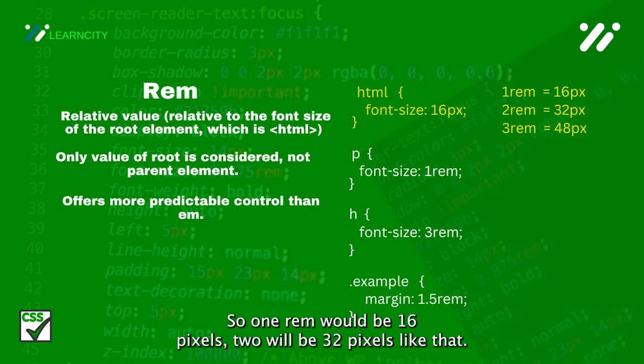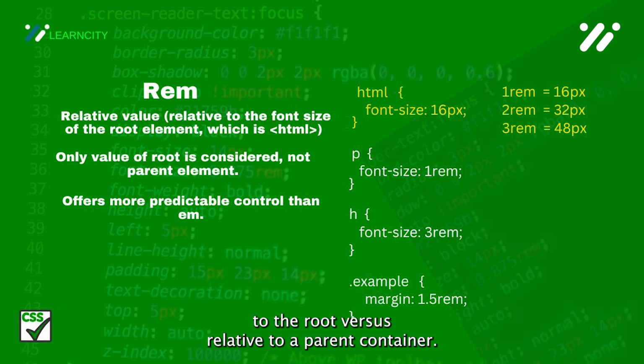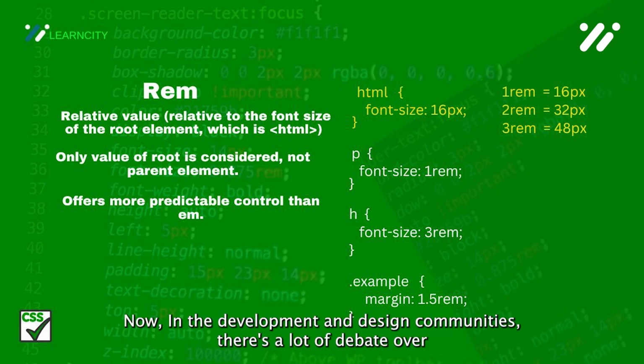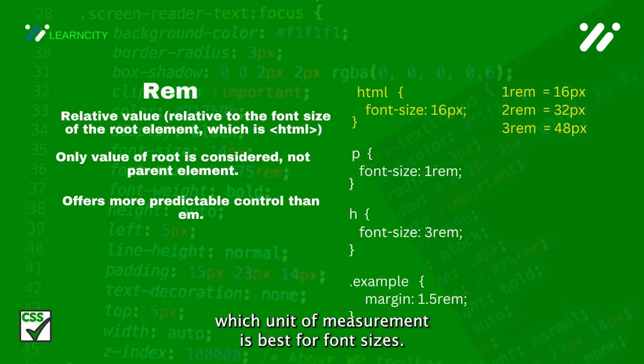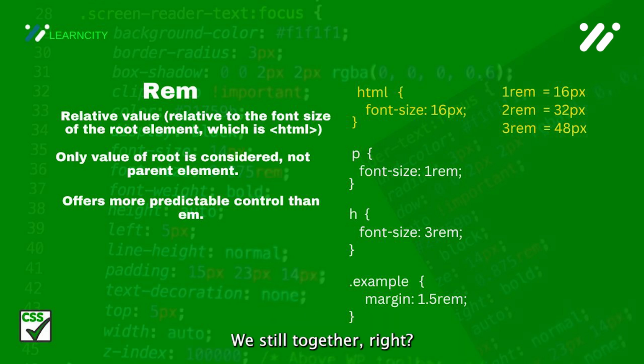So 1 rem would be 16 pixels, 2 would be 32 pixels, like that. This gives you a little more predictable control than ems, since we're relative to the root versus relative to a parent container. Now, in the development and design communities, there's a lot of debate over which unit of measurement is best for font sizes, and ultimately, that's going to be up to you and your design. We still together, right?